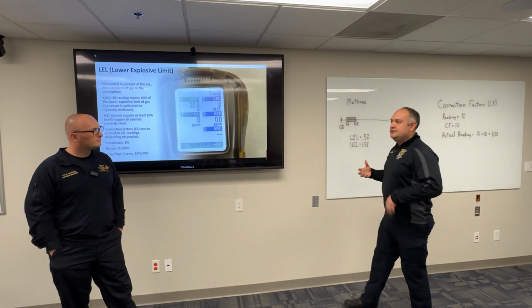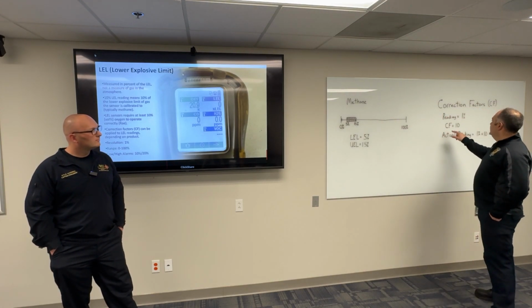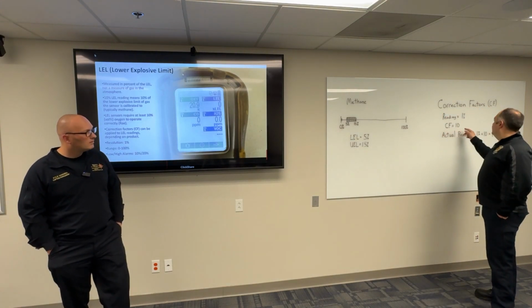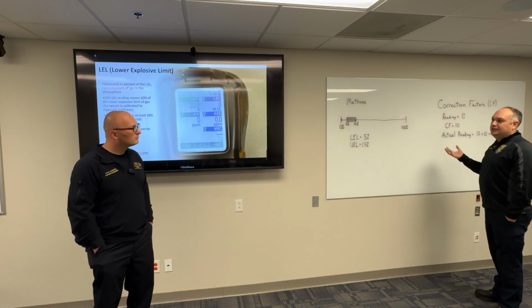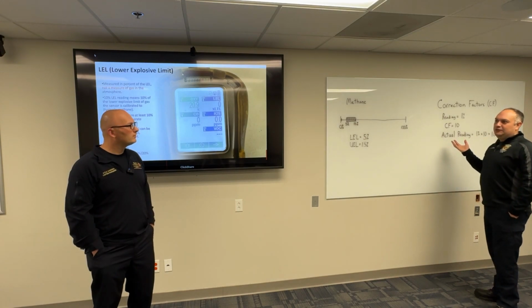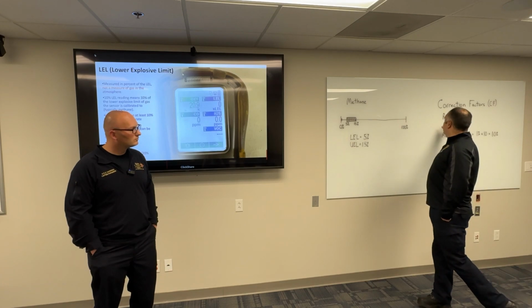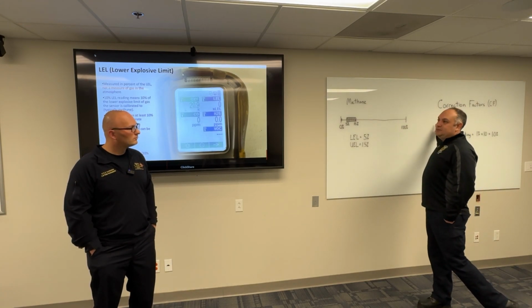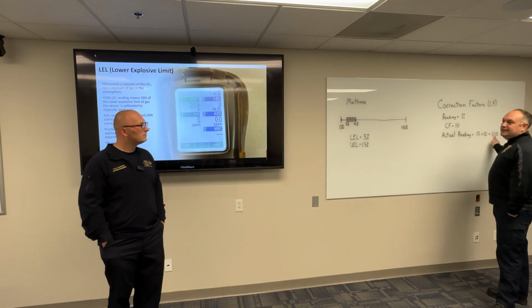So let's say, just for discussion's sake, this is not a real correction factor, but let's say the correction factor is 10. If I have a reading that's telling me it's 1% LEL, and the correction factor is 10, what's my actual reading? We multiply the reading we're getting by the correction factor, which is 10. So 10 times 1, then our actual reading is 10%.